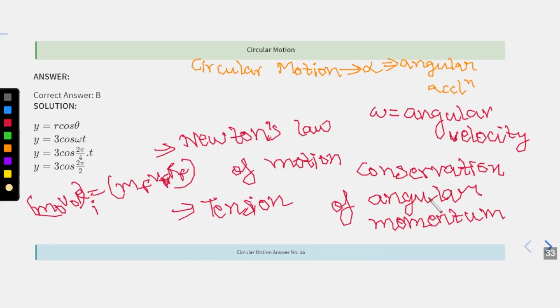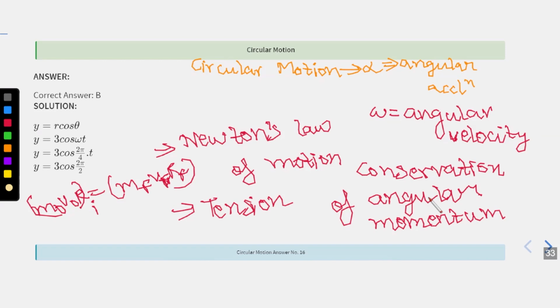And then there were also questions wherein we conserved the total mechanical energy. How do we decide if we have to focus on total mechanical energy or angular momentum? If they say there is a frictionless plane, or there is no resistance, then that means there is no energy loss.